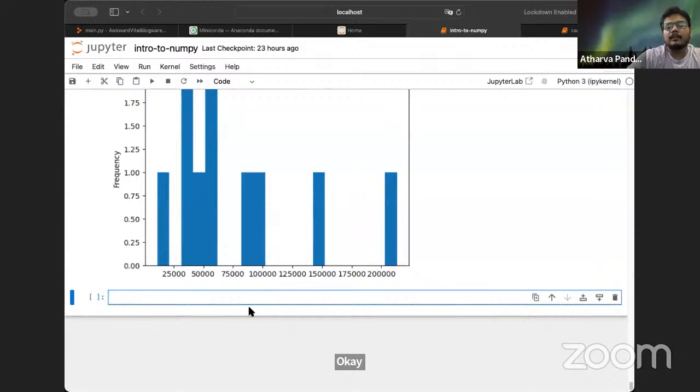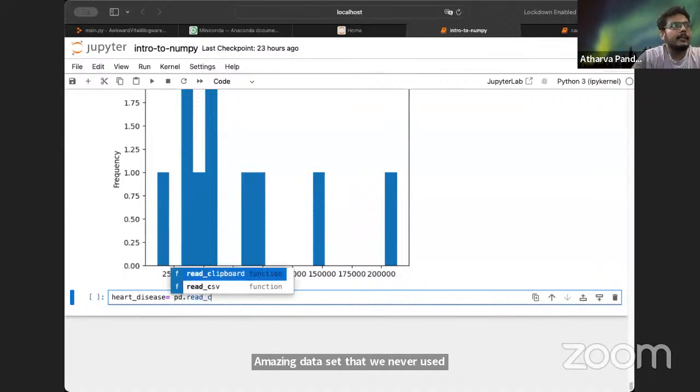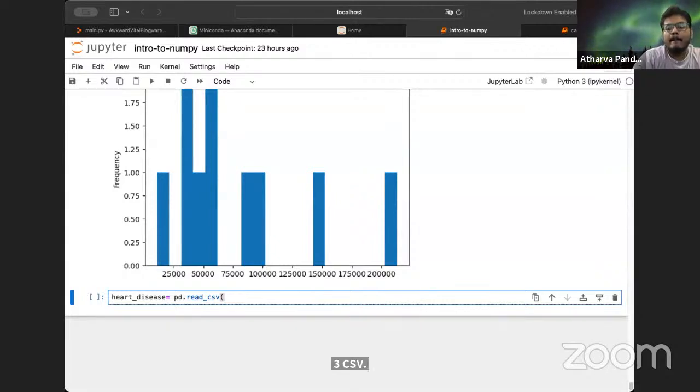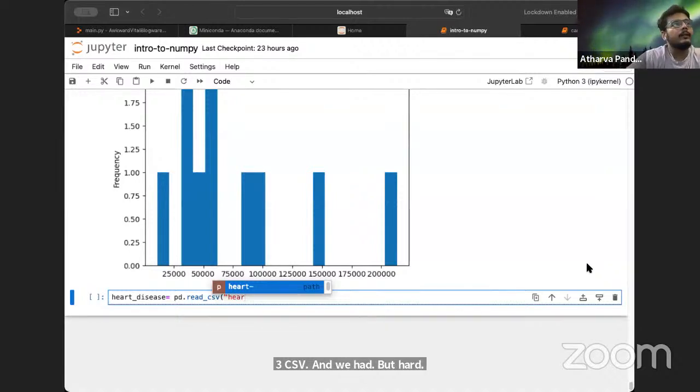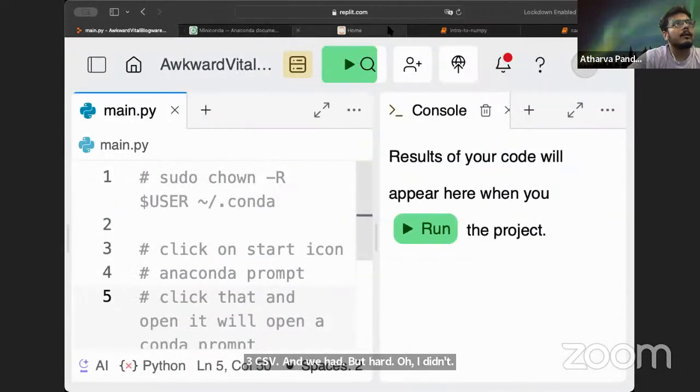Let's try with another one. We also had this amazing data set that we never used up until now. Read CSV, and we had heart disease.